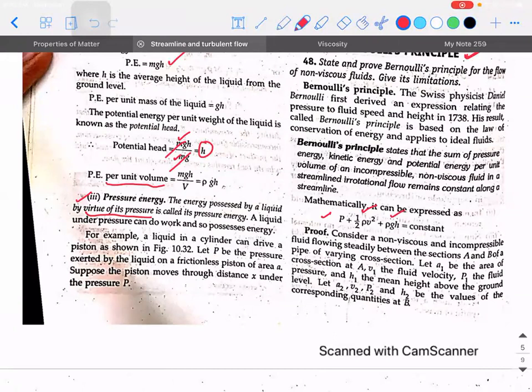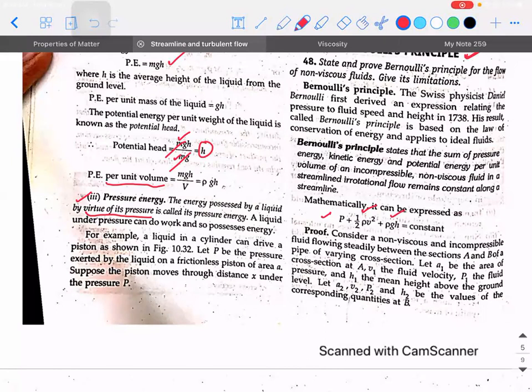For an ideal fluid, the pressure energy per unit volume plus kinetic energy per unit volume plus potential energy per unit volume is always a constant at a particular point. Okay. Please make a note of all these points.